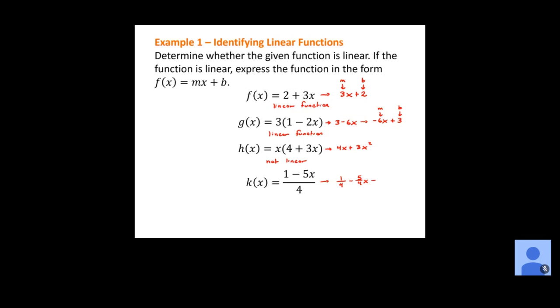And if I just rearrange my terms now, we would have negative 5 over 4 times x plus 1/4. In this case, the negative 5/4 gives us the m value. The 1/4 gives us the b value. And so this is actually a linear function.